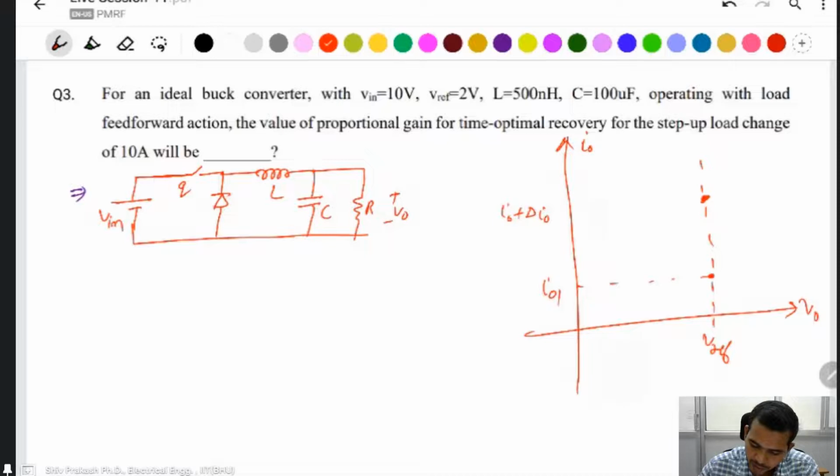The time optimal recovery, this one, you know, the hysteresis band like inductor current delta H, this one.